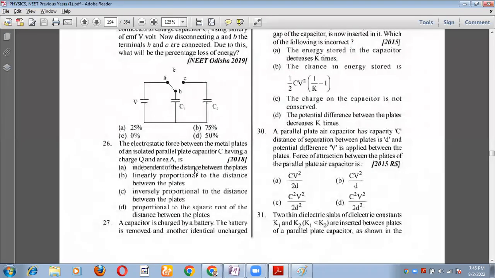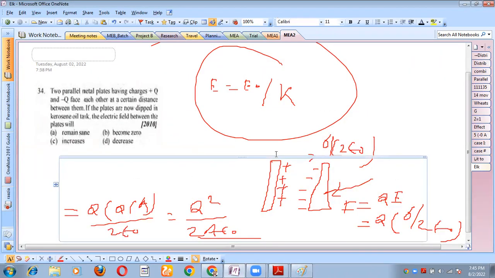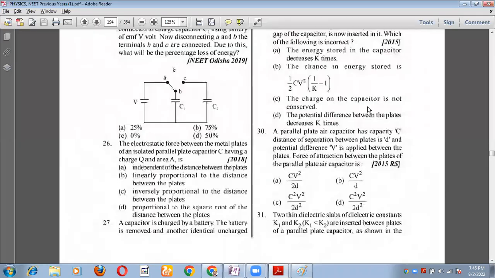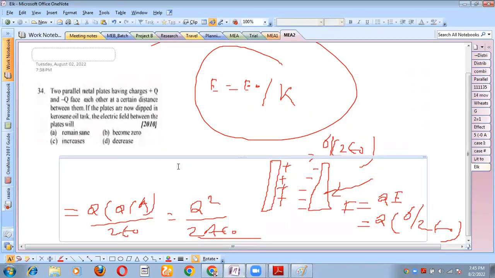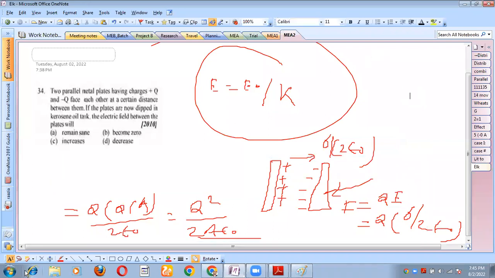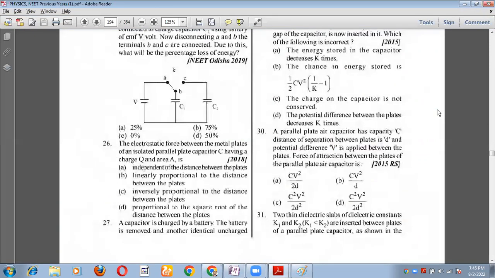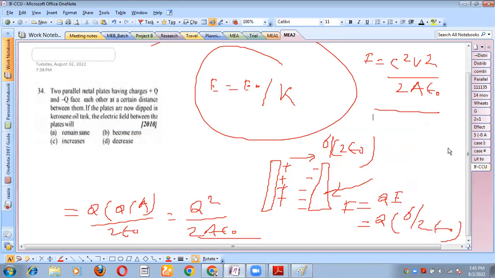Now in the question, we know that Q is equal to CV, where C is the capacitance. So now put the values. Force is Q square by 2 epsilon naught A, and Q is CV, so it is C square V square by 2 epsilon naught A. Now you can put the value of capacitance also.